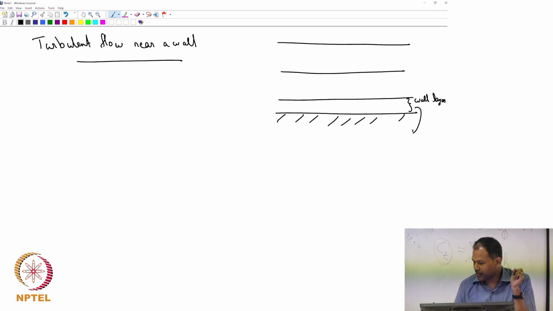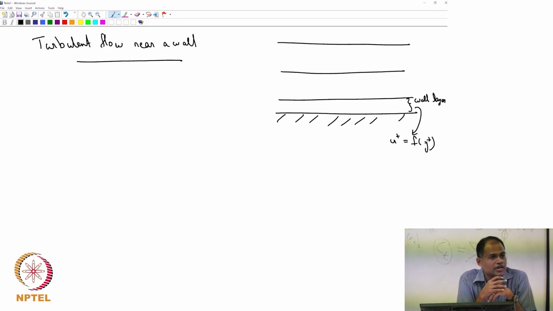From dimensional analysis, we said u plus is a function of y plus, where we had defined u plus and y plus as the two non-dimensional relevant variables, a velocity variable and a distance variable.